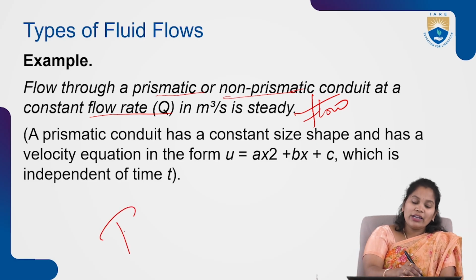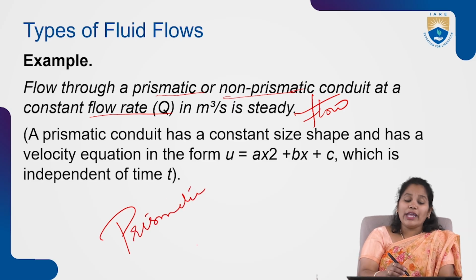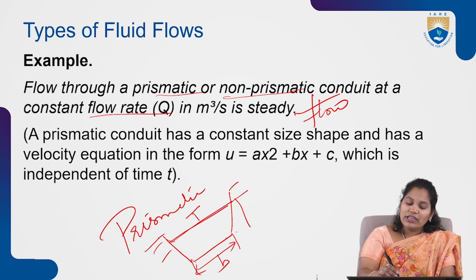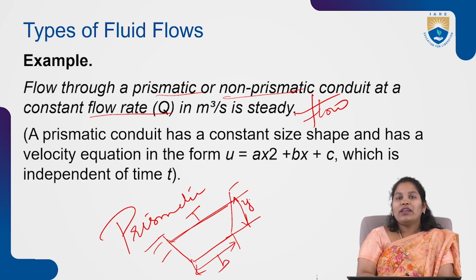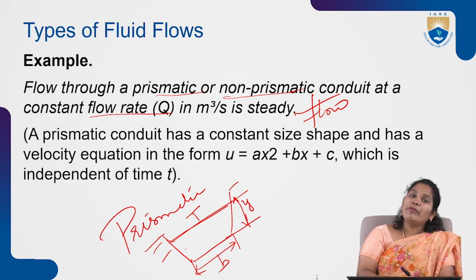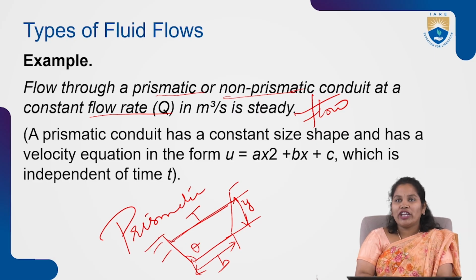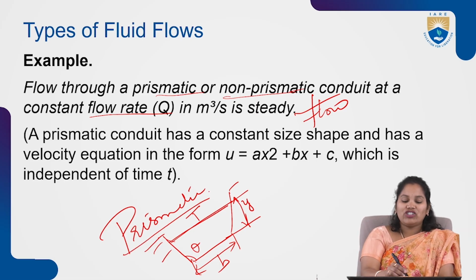But again I am telling you that prismatic channels are channels which have a definite shape, a well structure. Let us take this as your channel, right? This bottom is your bottom width b, and this is the top width T, and here is the depth of flow, let us say Y. If it is a trapezoidal channel, then the angle has a definite geometry, a definite shape, and that type of channel we call a prismatic channel.